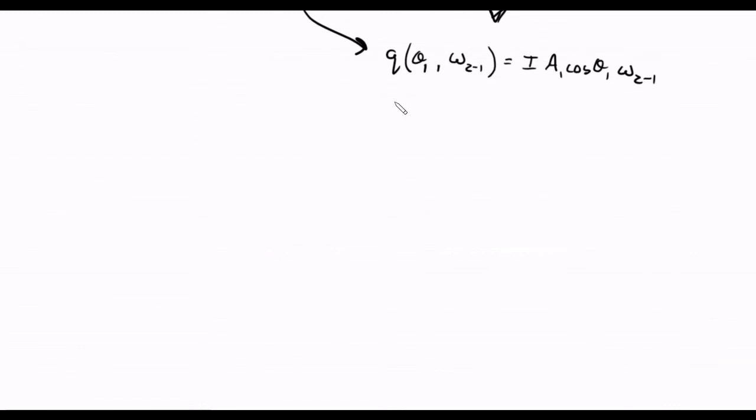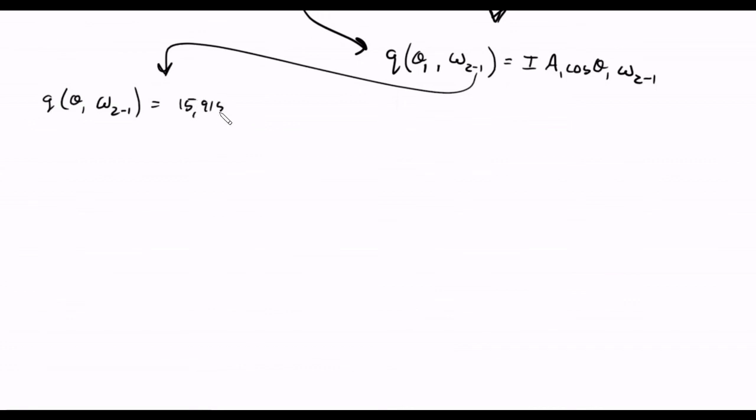All right, let's just keep going with this. I'm going to scooch this over here because we're going to need a lot of room. So our heat rate in this specific direction is equal to our intensity, which we already found was 15,915 watts per meter squared steradian. And then we need area 1, which is 1 times 10 to the negative 4th meters squared.